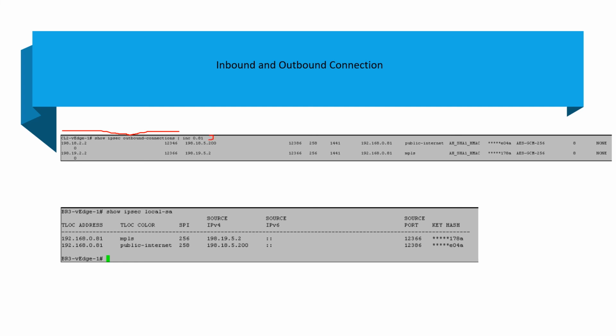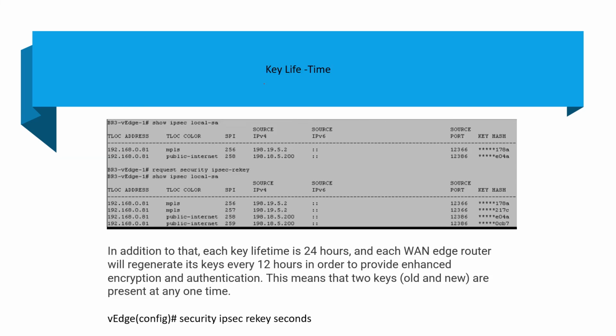So I can see there are two connections basically, one on public internet, another one on MPLS, and that is what is expected also. Now I see there are two key hash values, and these key hash values are the same as what we see on the remote device in show ipsec local-sa. So it matches.